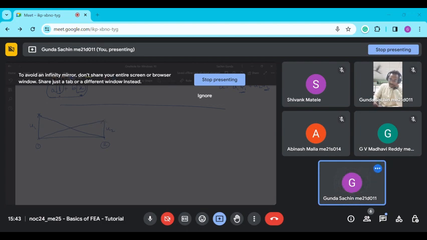Similarly, u2 will be something like this. So this one would be the 1 minus x by L function, and this is the x by L function. This one interpolates u2 from 0 to L, and this one interpolates u1 from 0 to L. But to get the whole solution u, which is a combination of both, you need to have the summation of both.